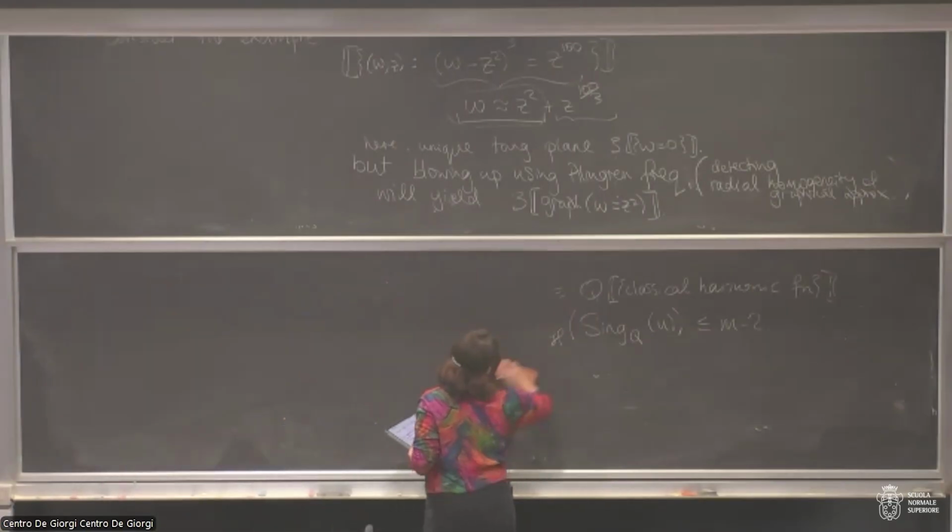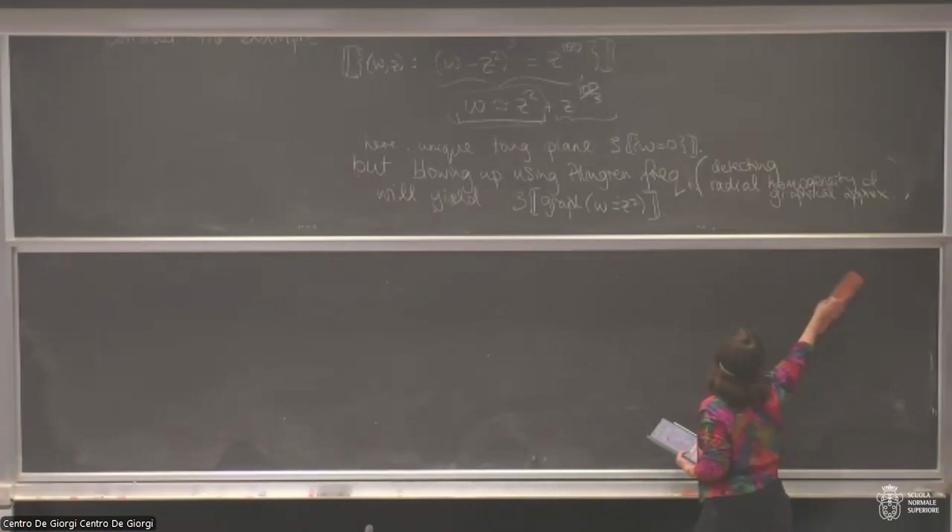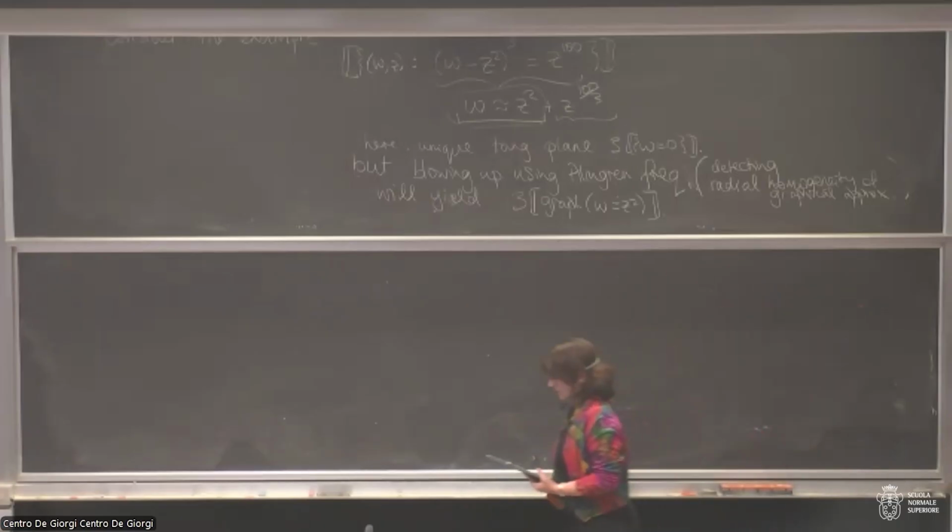And so how does one get around that? Well, that's where this Almgren center manifold comes in.